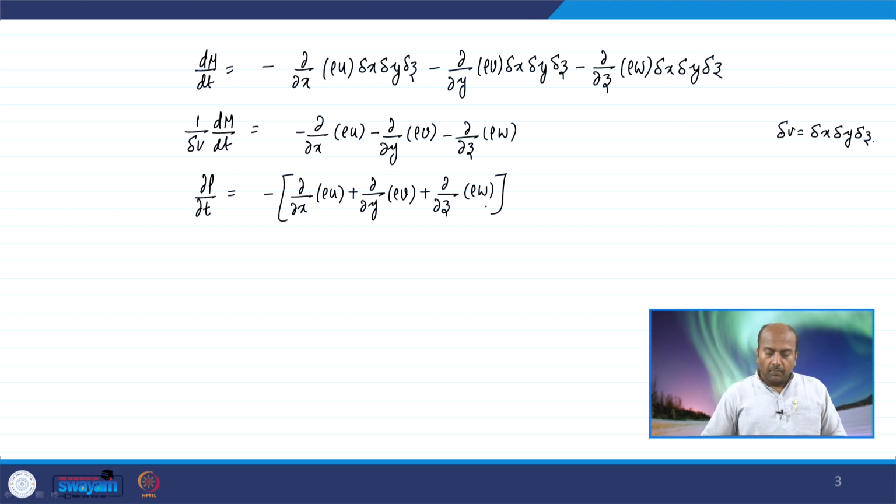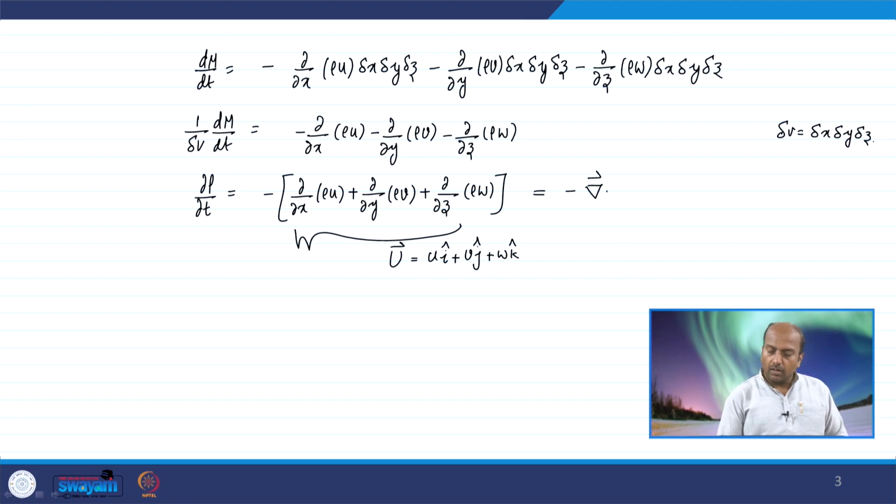Fine. So, this expression on the right hand side can be written using a three-dimensional velocity vector, which is defined as u i cap plus v j cap plus w k cap. So, using this three-dimensional velocity, you can write this entire expression on the right hand side as minus del dot rho u.